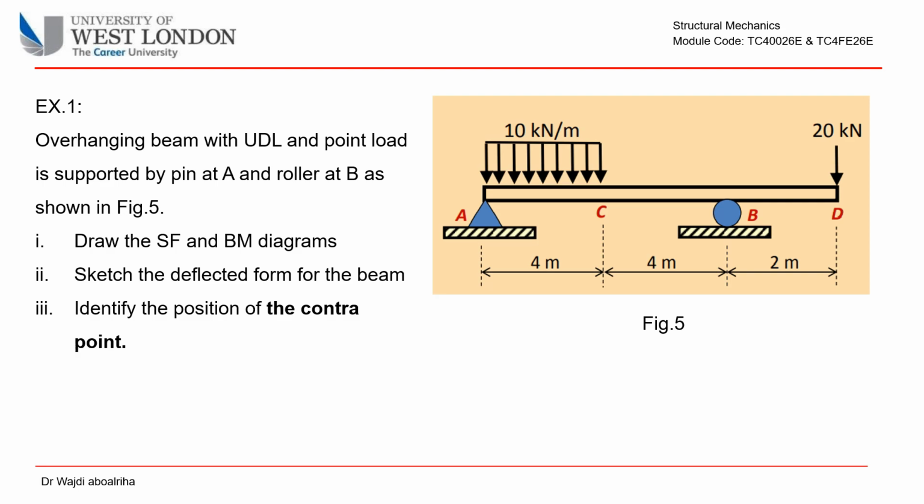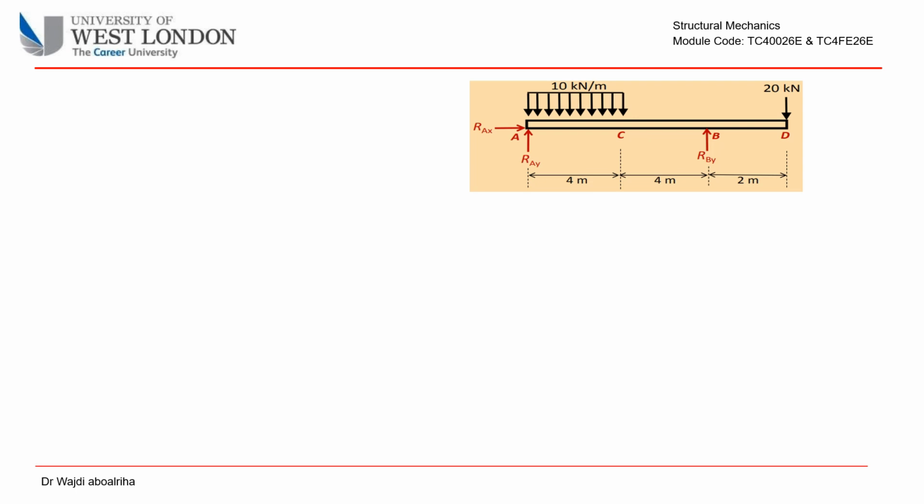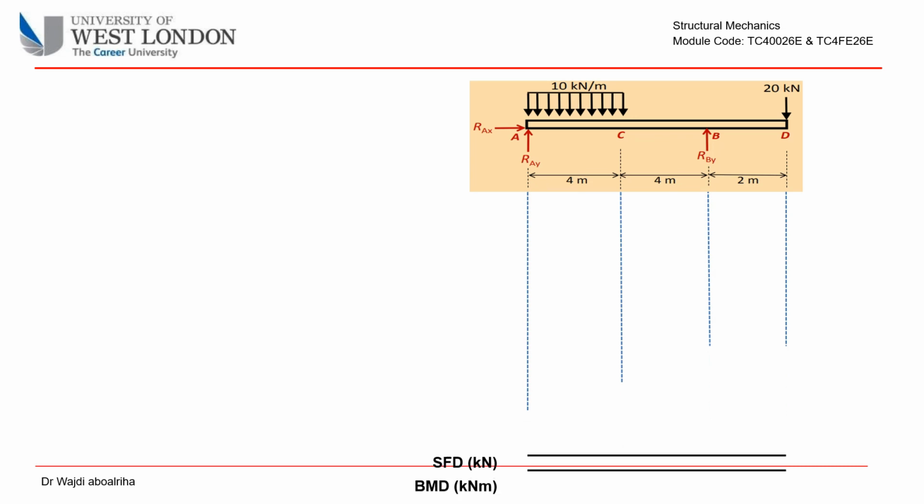To draw the shear force and bending moment diagram, we should calculate shear force and bending moment at each point on the beam, following the steps. Change supports to reactions. Draw a vertical line from each point.